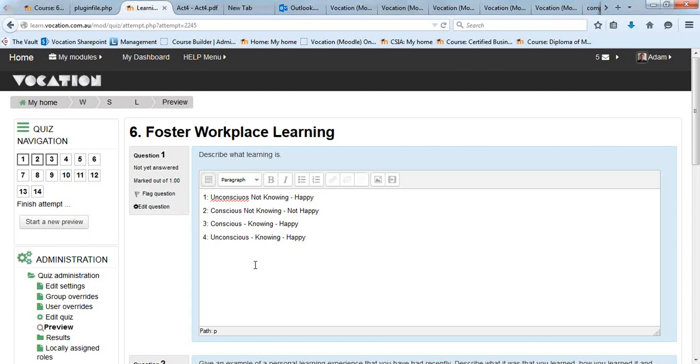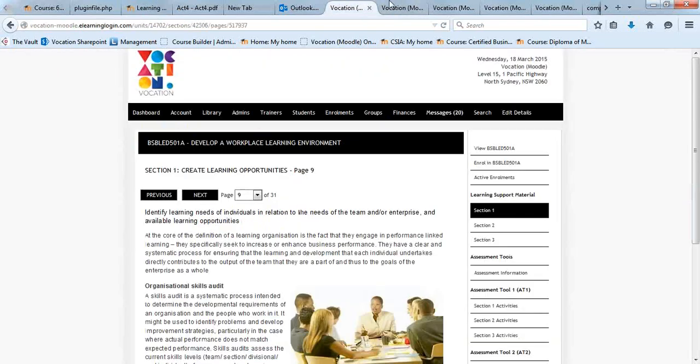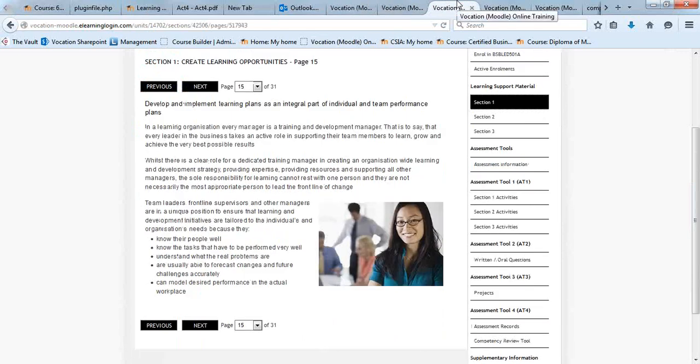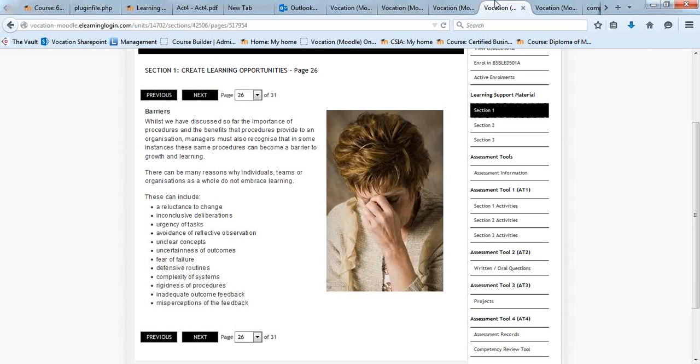There's something in the material, I'm just going to have a quick flick through, that talked about, okay, yeah, barriers. It was a really good section here, and I thought this relates. So there are many reasons why individuals, teams or organisations do not embrace learning.